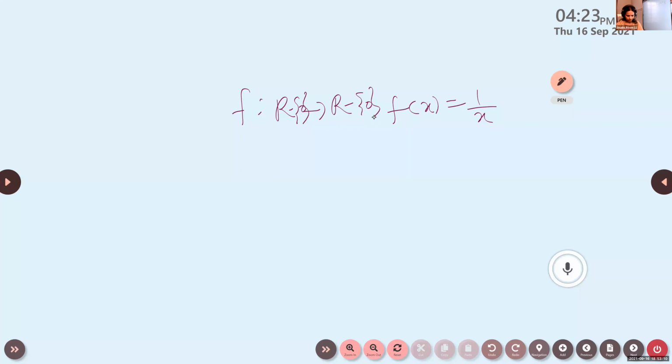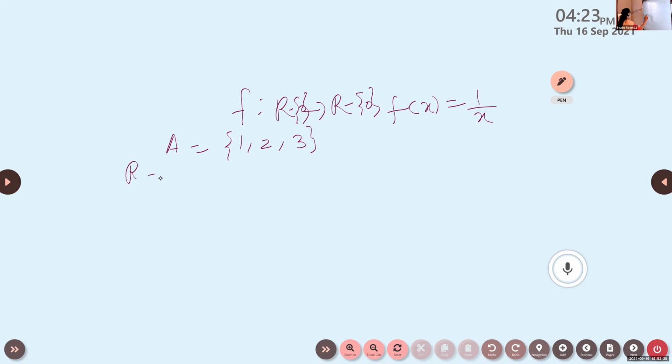Write the next question, children. A is equal to the set 1, 2, 3.